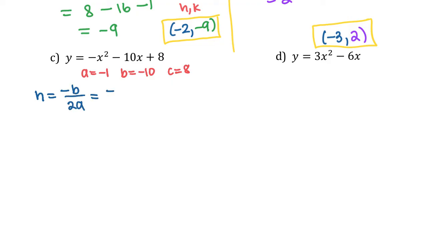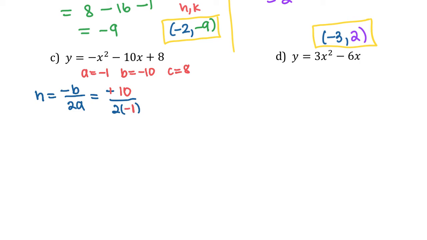So -b over 2 times a. Okay, what is b? b is -10. If I do -(-10), it turns this to a +10. It's supposed to be negative, but because the b is also negative, they cancel to a positive. Okay, now a is -1.